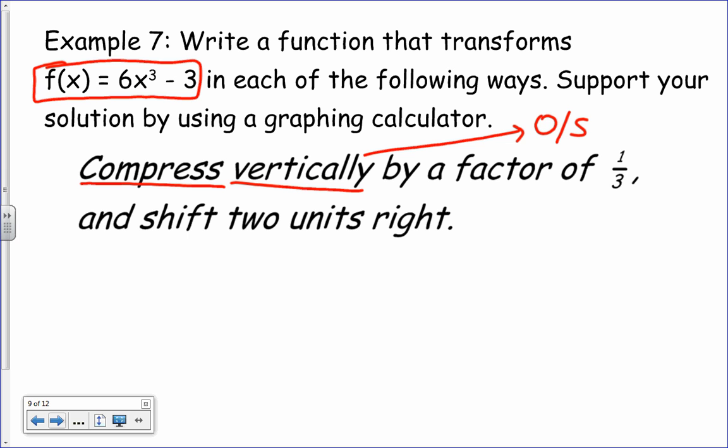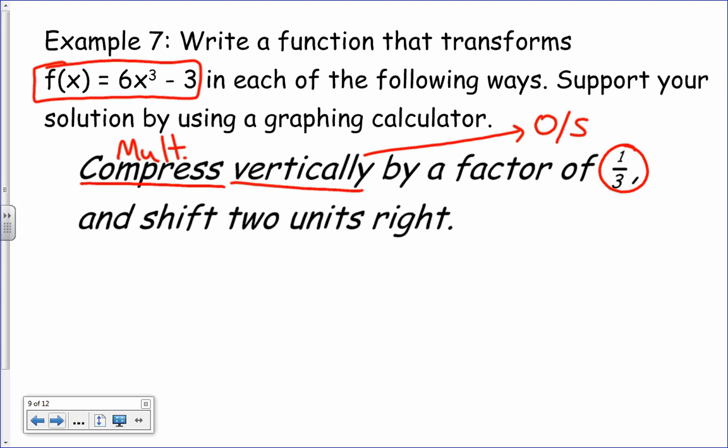Compress tells me multiply. So I'm going to multiply the outside by the number 1/3. Okay, that's like example 5 we just did, right? It had 1/2 of f of x, right?